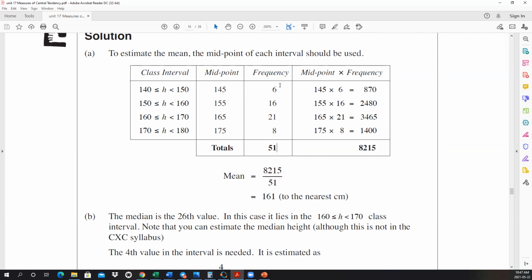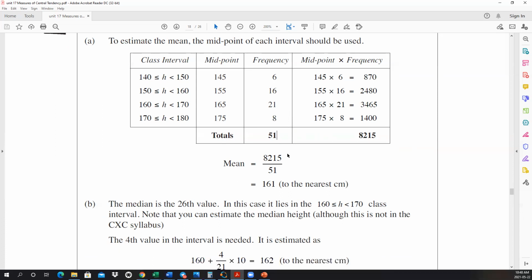And we say, okay, it appears 6 times, right? So data in this class interval represented by 145 appears 6 times. All right, so as I said before, the median is that number in the middle, right? So 51 is an odd number, and the 26th value would be the number in the middle, right? You can think of it as 25 on the left side, 25 on the right side, and the 26th value, which is in the middle, is the median.